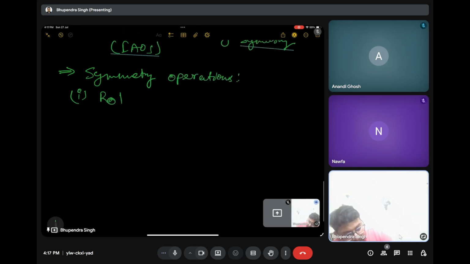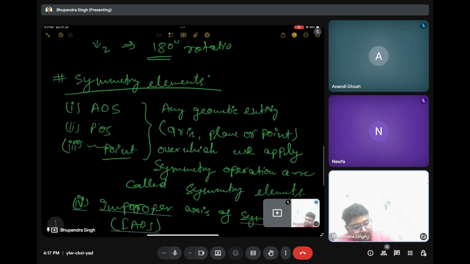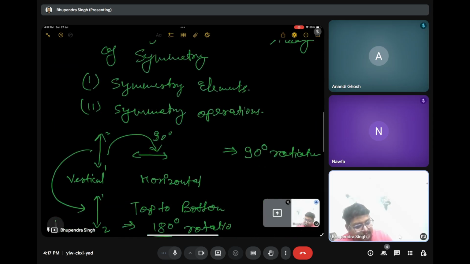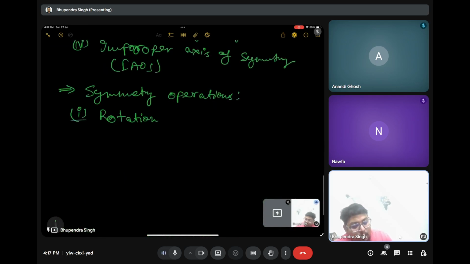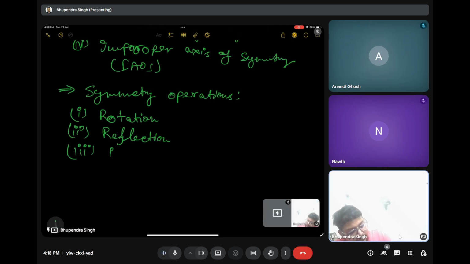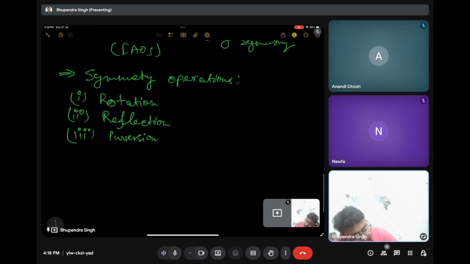The first one is rotation, which I have already introduced here, like 90-degree, 180-degree rotations. So this is the rotation. These are the operations. The second one is reflection. The third one is inversion. How can we rotate a molecule or any object?